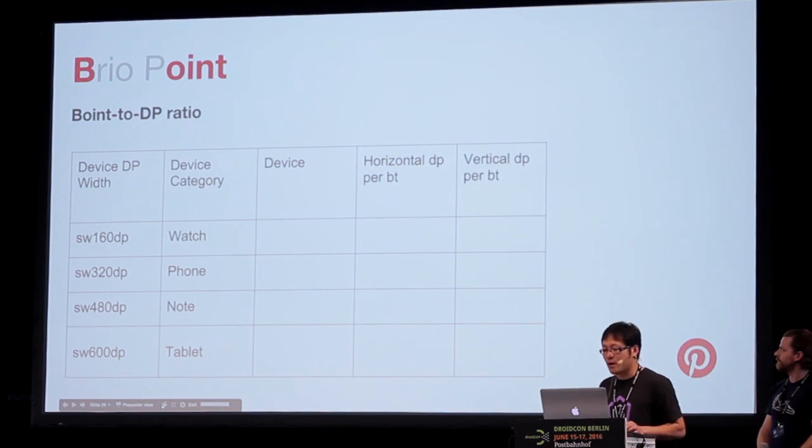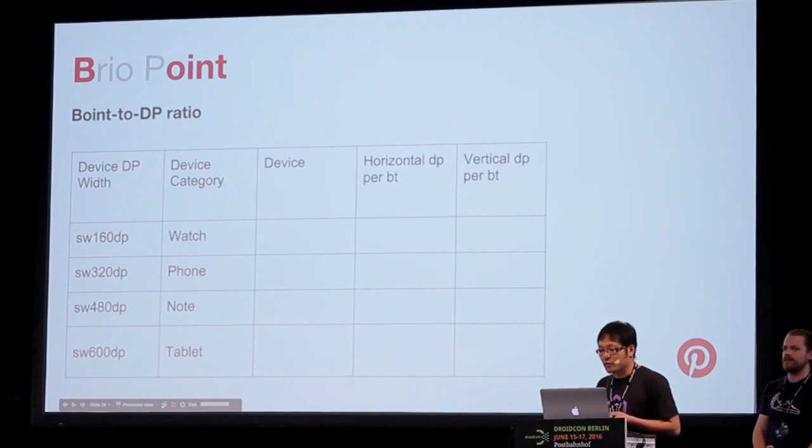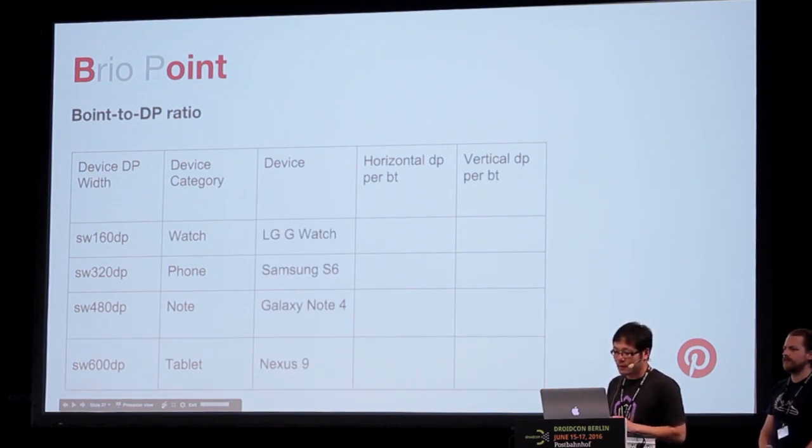If you are familiar with how Android manages resources for different resolutions, those are actually the names of the resource folders to store the XML properties for each resolution. This roughly represents the device category, which is displayed in the second column. If that's still not clear, the third column has some concrete examples.